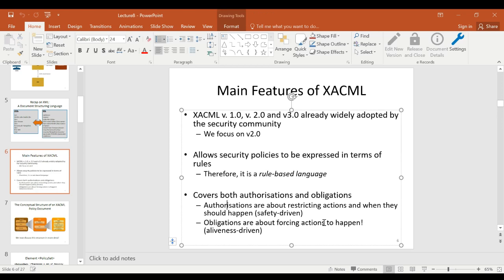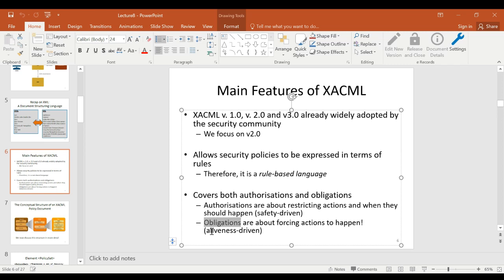I was going to say that the language is not just a language that allows you to express authorizations, so what is permitted to happen, what kind of requests are permitted, but it's also a language that allows us to express what's known as obligations, or the idea that you can specify certain rules that tell you what you must do as a system in case you accept a certain request, what should you be doing to follow that request up.